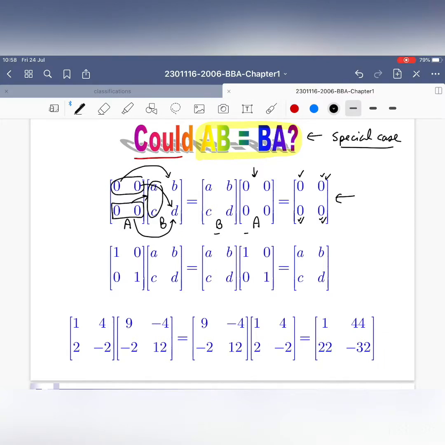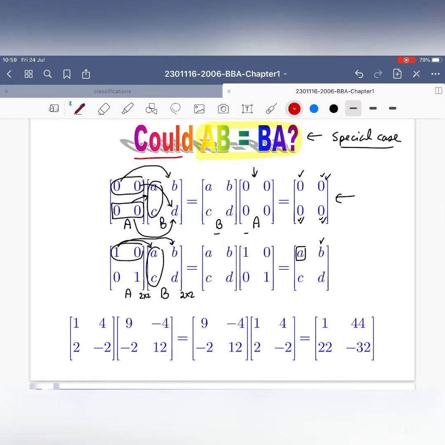Another example is that if your A is this one and your B can be any square matrix like this, okay? This is a 2 by 2, this is also a 2 by 2, and then you do a multiplication. The row multiplied by a column, so only the first one survives. The second one multiplies with 0, so you have a 0, right? So you get A. And then the first row multiplied by the second column, only the first one in the second column survives, so you have a B, okay?